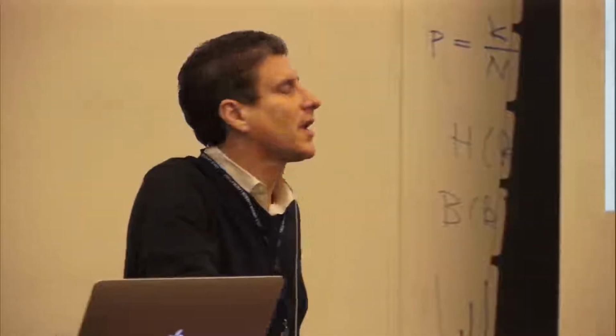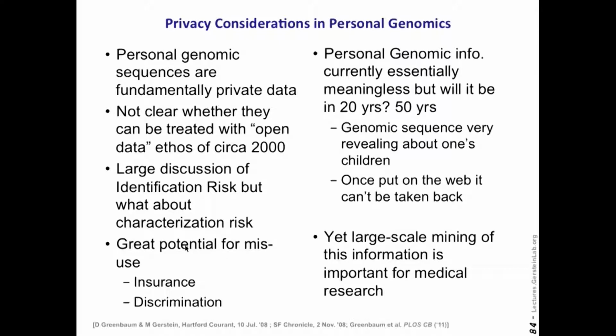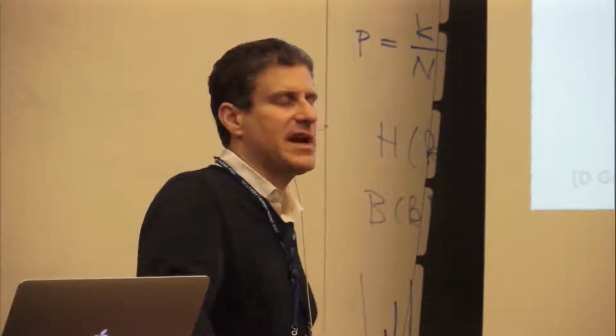Maybe, maybe not. But another risk that people don't talk about so much, but is also in the back of people's minds, is what you might call characterization risk. So imagine you even consent to be identified as putting your genome on the web. What risks are you open to? Well, it could be that people could mine your genome and find out bad things about you.